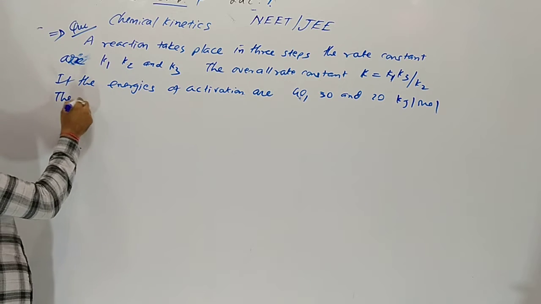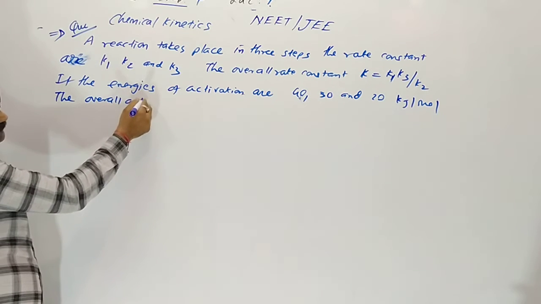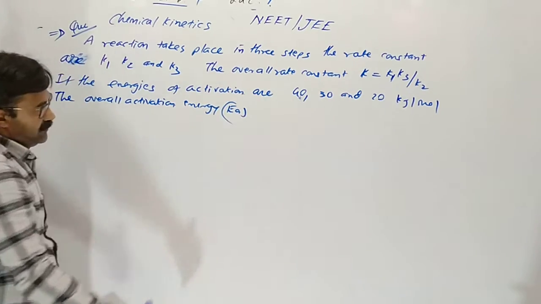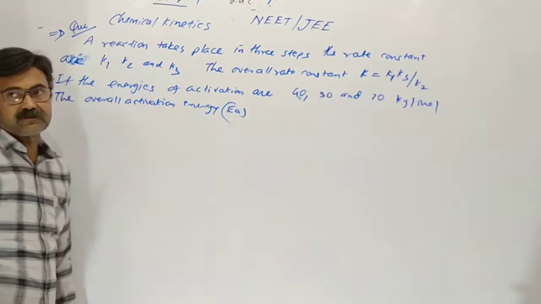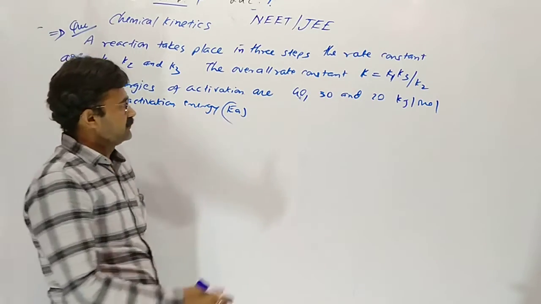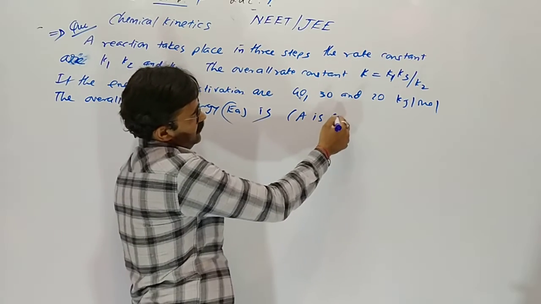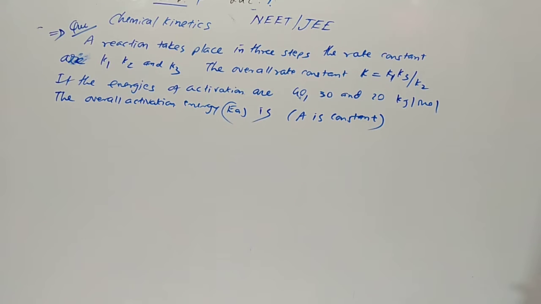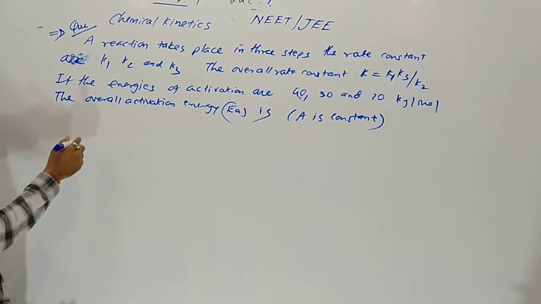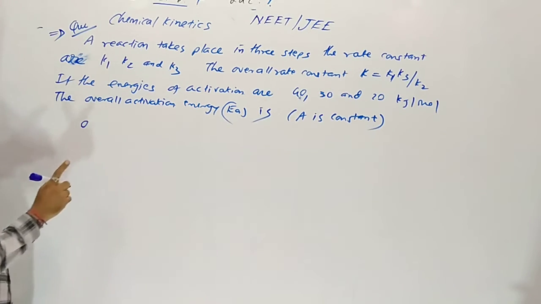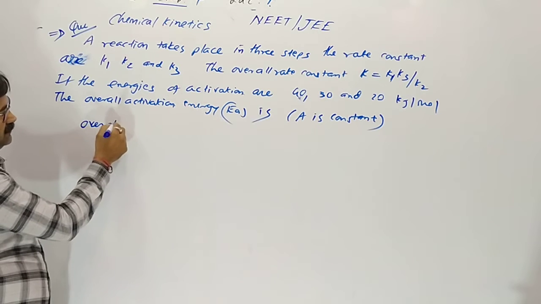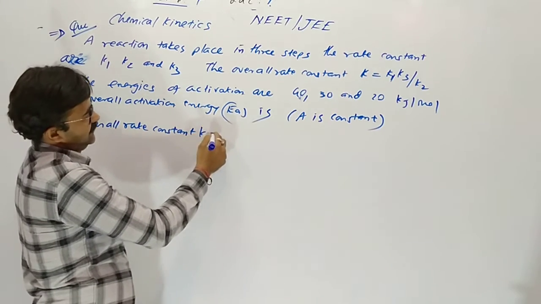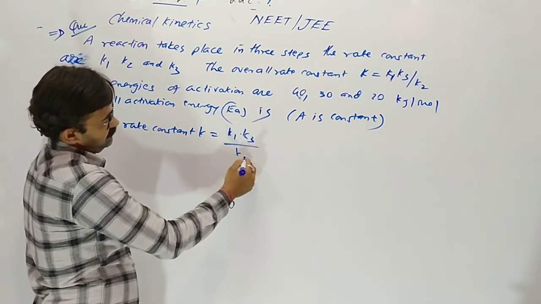find the overall activation energy. Overall activation energy EA will be... here A is constant in all these steps. So now here the overall rate constant is given. This reaction occurs in these steps. Overall rate constant is given, K equals K1 K3 divided by K2.